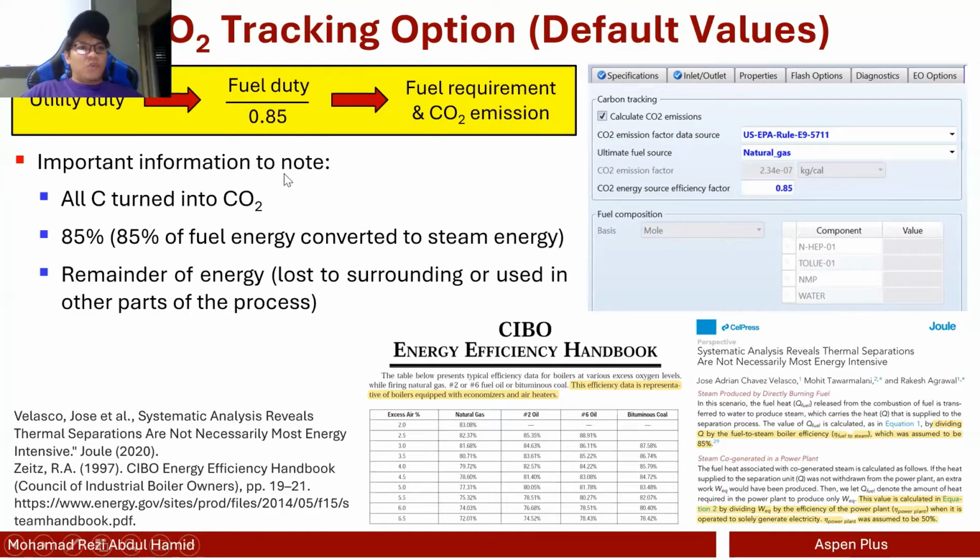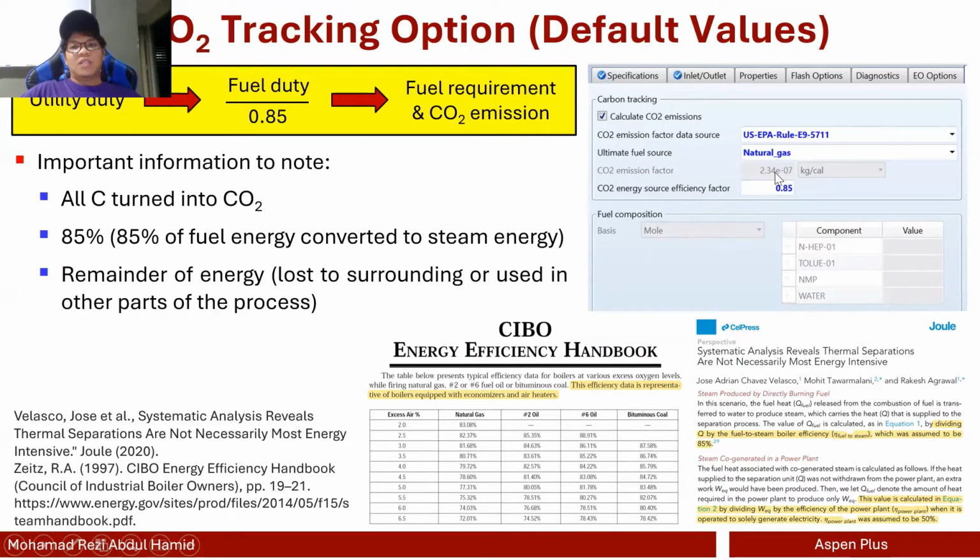There are a few important pieces of information for you to remember, by the way. As I said, for CO2 tracking, all the elemental carbon in your diesel, or your naphtha, or your coal, will be converted into carbon dioxide. So basically it's 100% conversion of carbon to carbon dioxide. And 85%, as I mentioned just now, of fuel energy is converted to steam energy.